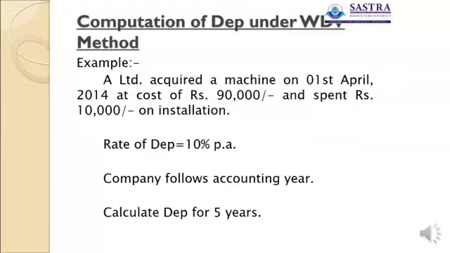What happens? 65,610. Continue here. 65,610, so fifth year 6,561. Right? What happened now? So 59,049. This is the end value after 5 years, providing depreciation using the written down value method.